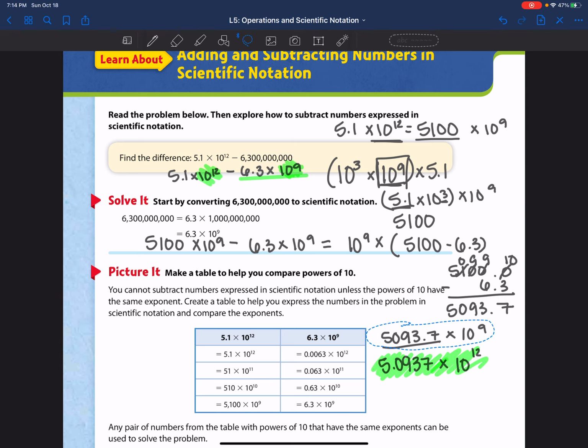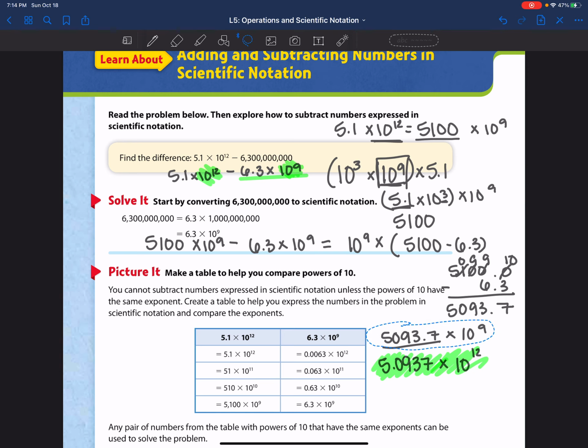So what I would do is line up my decimals. There's no decimal here, so I just add a decimal point and a 0, and then I just subtract. So that's 730.1 times 10 to the 13th power. And again, I need it to be in proper scientific notation.